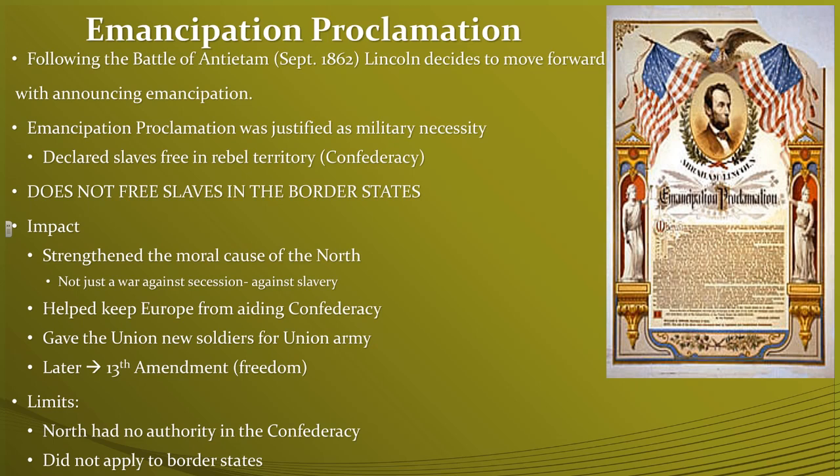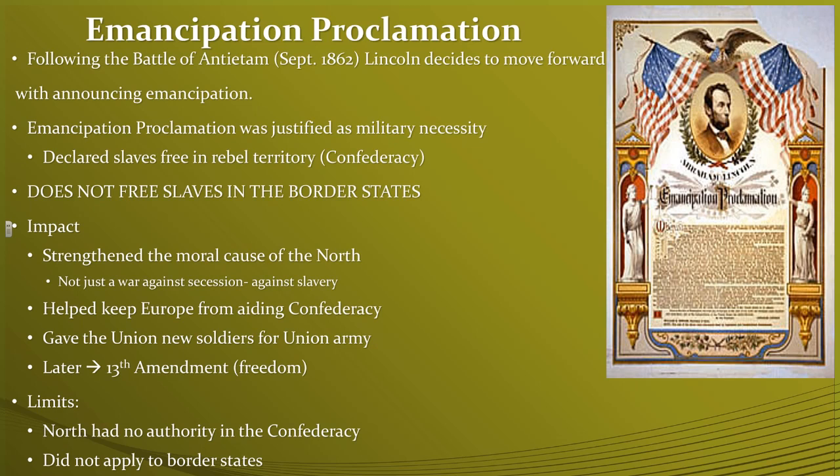They think the North is all about anti-slavery and the South is all about pro-slavery. Not quite true, because the border states fight for the Union, but they have slaves in them. So again, the Civil War is not just about slavery. Anyways, the Emancipation Proclamation says all slaves in the Confederacy are now freed.